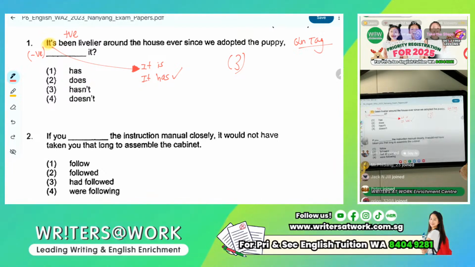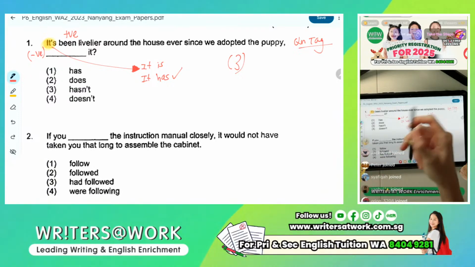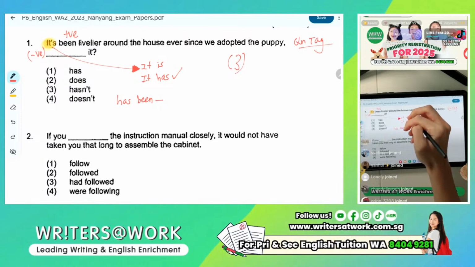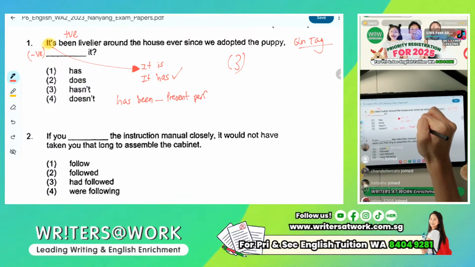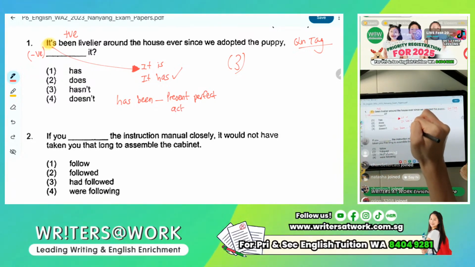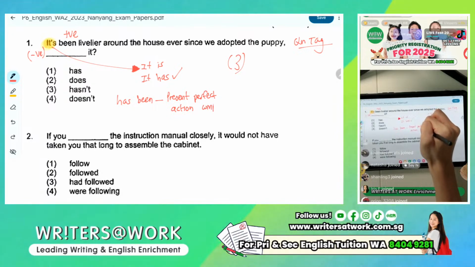Now, when we look at this question, even if there is "isn't it" and "is it," we will still choose "has," because "has been" is in the present perfect tense, which means that my action is completed, but the effect is still felt.